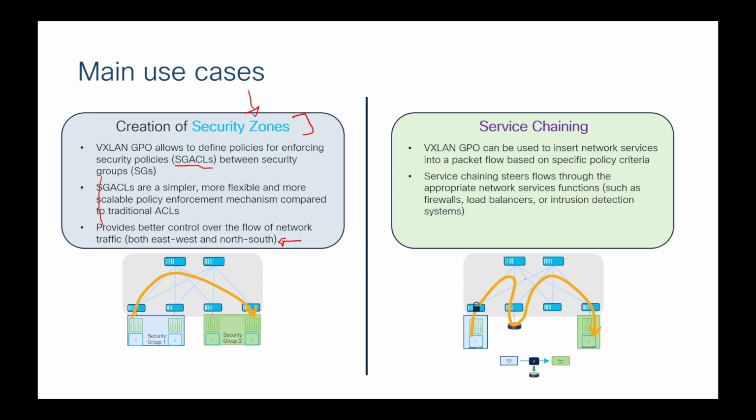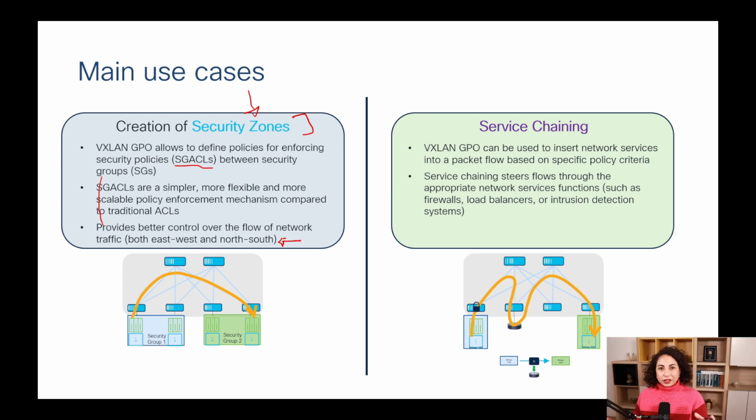What we are saying here, it's quite intuitive, is that instead of having security group 1 just allowed to speak to security group 2, we want this traffic first to get redirected to some devices like an LB, an IDS, an IPS, whatever, before being able to communicate to security group 2. So this is the use case of service chaining, and what we will be able to configure with micro-segmentation.